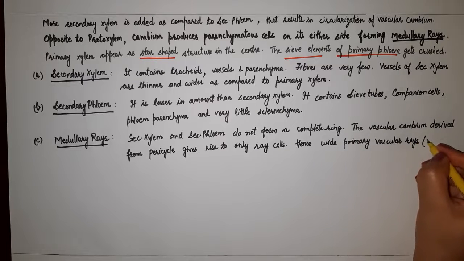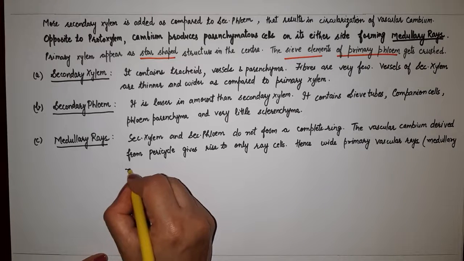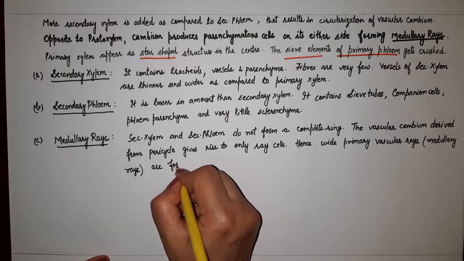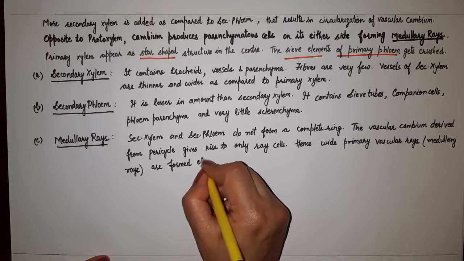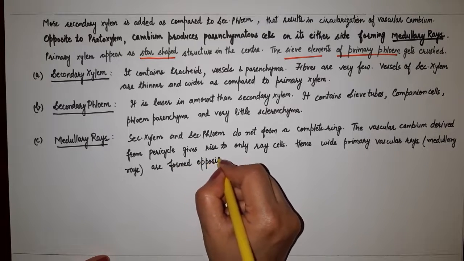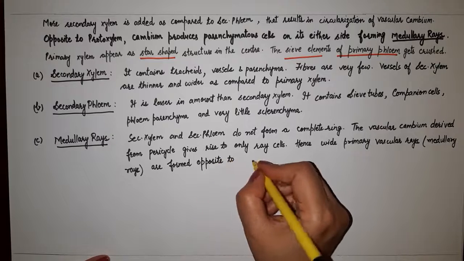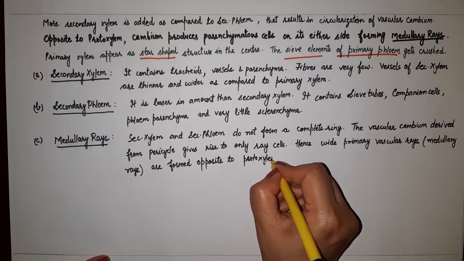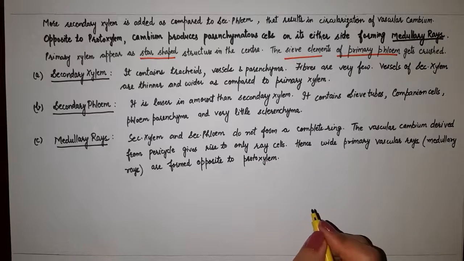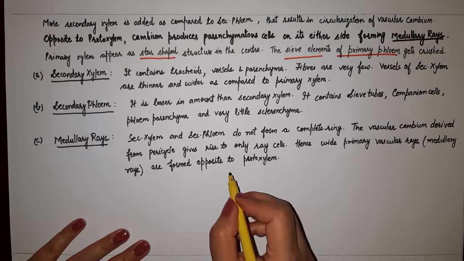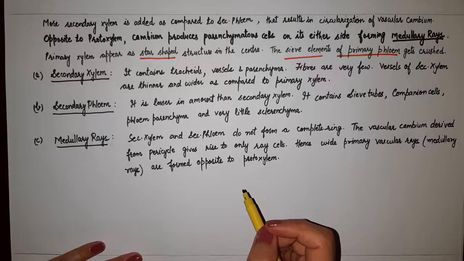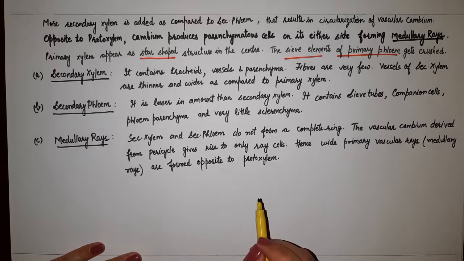Vascular rays is the other name of medullary rays. You can call it medullary rays. Okay, this we discussed earlier also, that the cambial strips which develop from pericycle, they are going to form the parenchymatous cells which will form medullary rays.